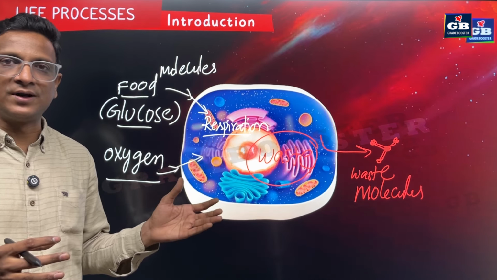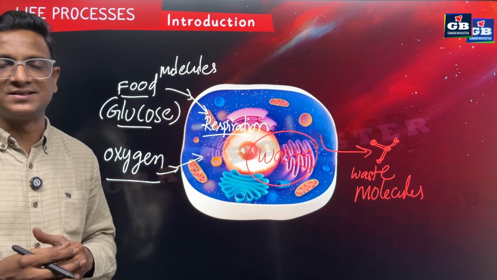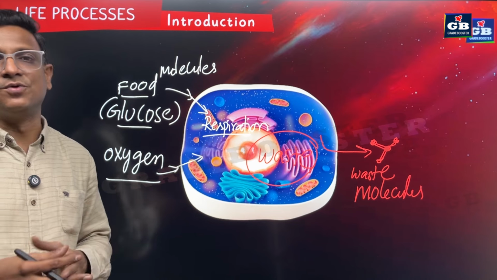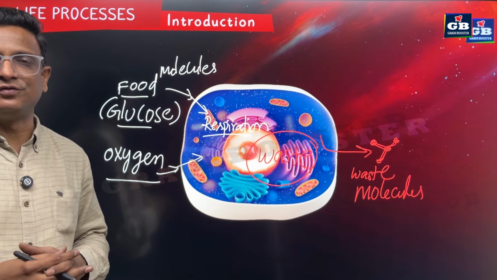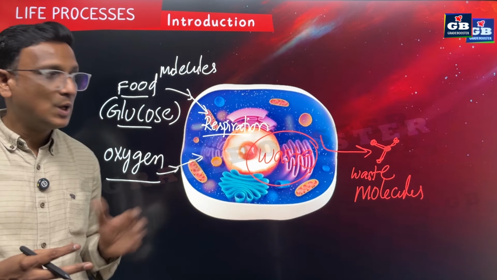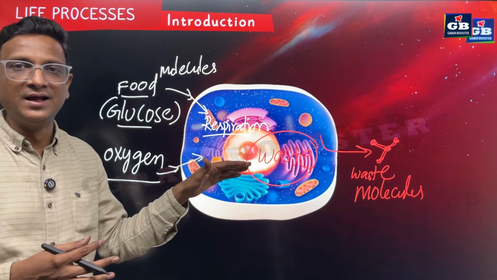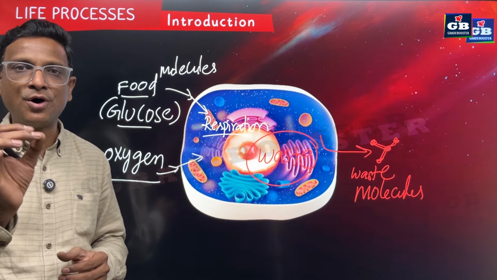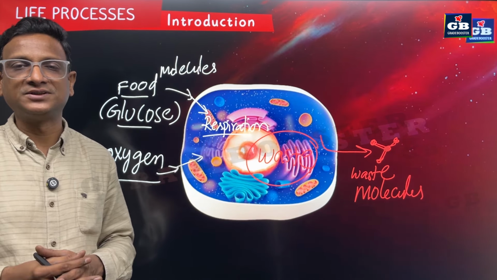You can say some organism is living because of its characteristics: it is moving, it is growing, like that. But here in the textbook, we see an important feature of living organisms, mentioned in the introduction part. That is the movement of molecules into the cell and the movement of molecules out of the cell. It is an important feature of living organisms.